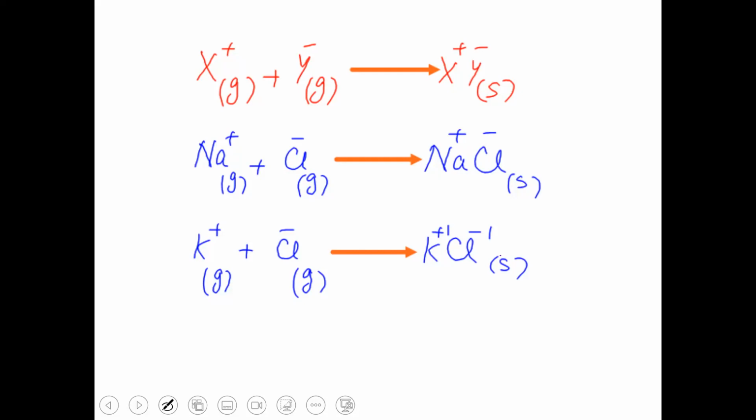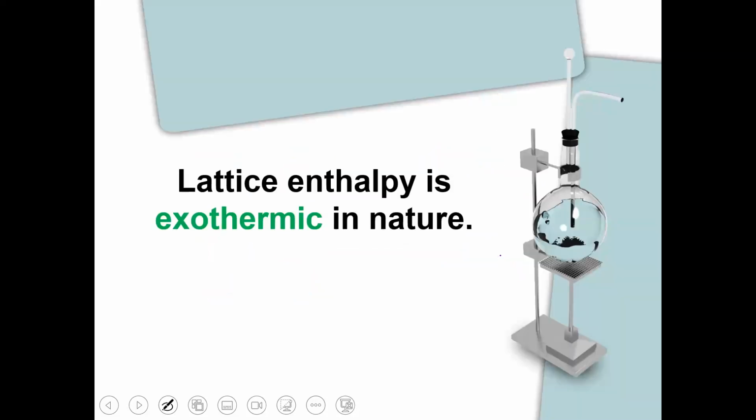I've copied. Now, lattice enthalpy is exothermic in nature, otherwise a lattice won't form.